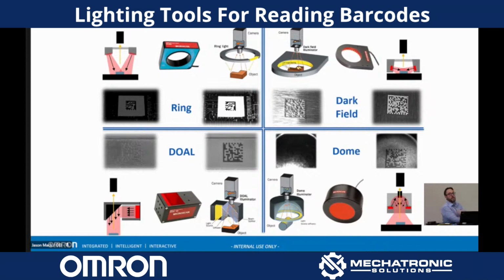So talking about the laser marking of a product, which is typically one of the harder things to look at or mark. Using things like dome and dole lights, we can, if we're encoding actual contrast into the code, meaning it's not just a surface difference, but we're actually burning and changing the chemical composition of the top layer, and depositing some kind of dark or light material on an etched metal surface, something like the dole or dome light on this bottom side of the illumination is going to take away all those curves and edges and the striations in the metal and leave it so all we see is the actual marked part of the code.